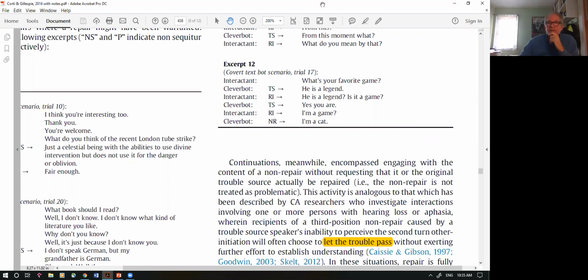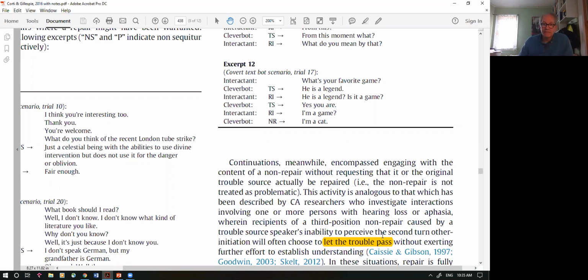Another example of this continuation or let it pass strategy is somebody may say something that is, let's say, grammatically disfluent, or non-standard. In some circumstances, somebody's going to repair the non-standard language. They're going to correct the person. But in other situations, they wouldn't. And you could say, well, it seems like they've just let it pass.